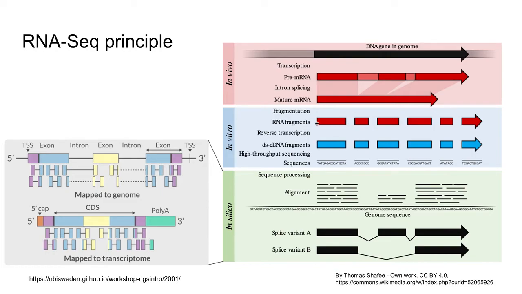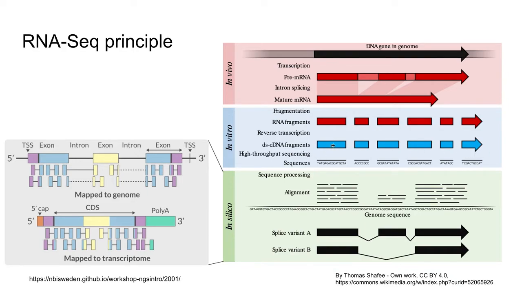We would fragment these mRNAs into pieces in the very same or similar way as we would do for the genome sequencing before. There's a step of reverse transcription, so we would make a double-stranded cDNA out of these to make them more stable. And then we would have certain processes and we would sequence these parts.